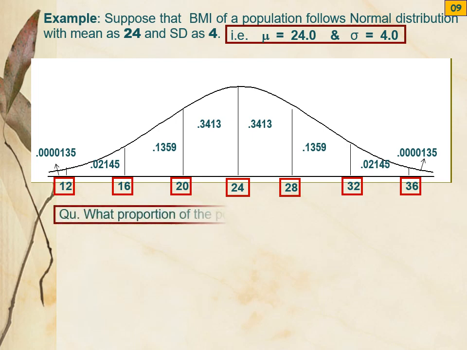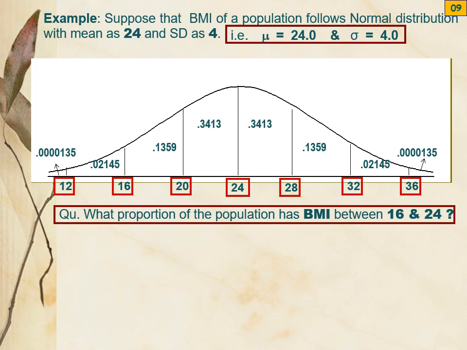Let us see a question. The question is, what proportion of the population has BMI between 16 and 24? 16 means this perpendicular, and 24 is in the center. That is, you are interested in knowing the area between these two. It's obvious from here. You simply add these two given areas.